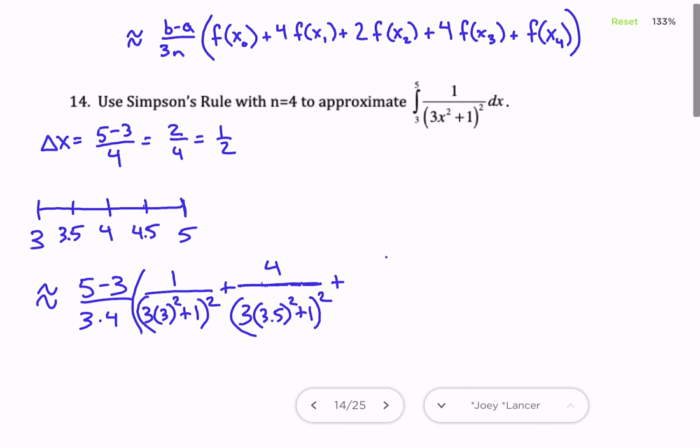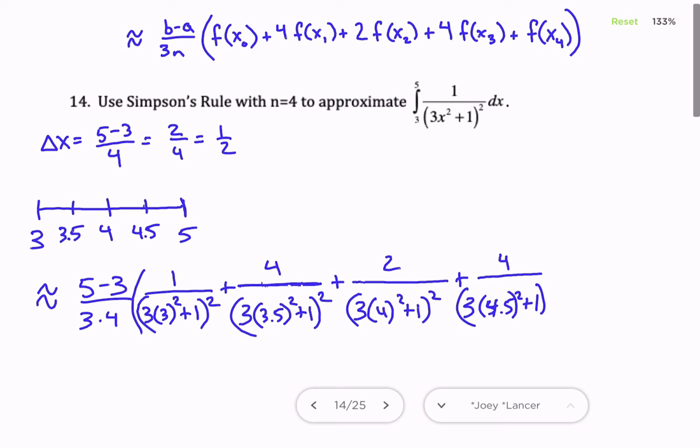And then it'll alternate to 2. So it'll be 3 times 4 squared plus 1 squared. It'll alternate back to 4. And this one's going to be 3 times 4.5 squared plus 1 squared. And then we're going to be back to 1. And that's going to be 3 times 5 squared plus 1 squared.